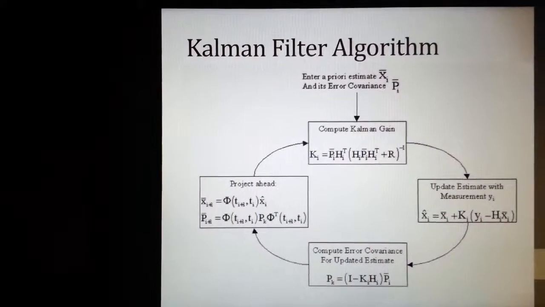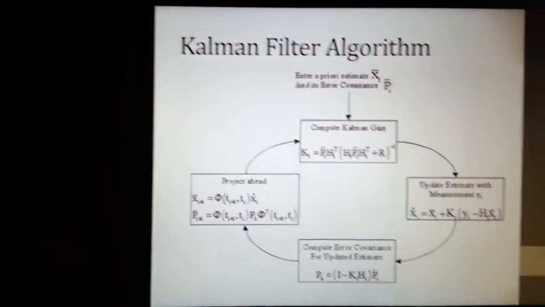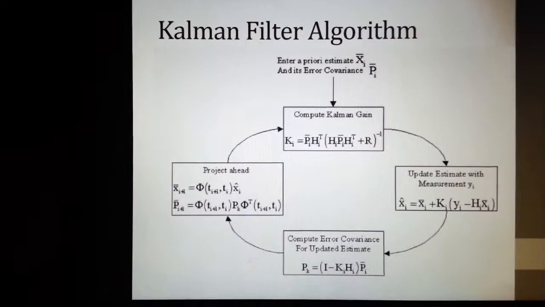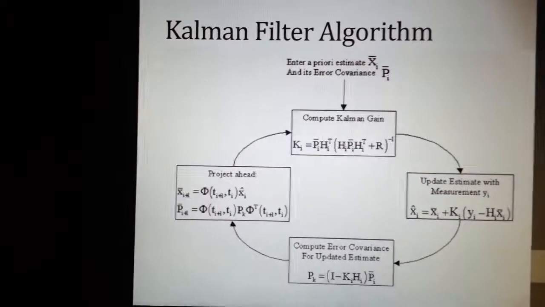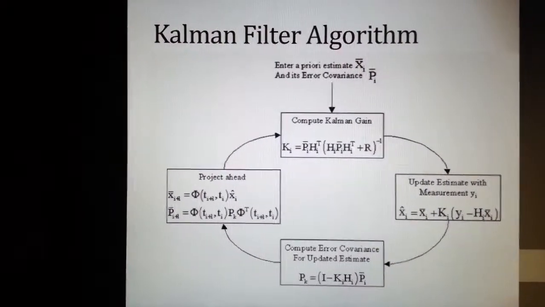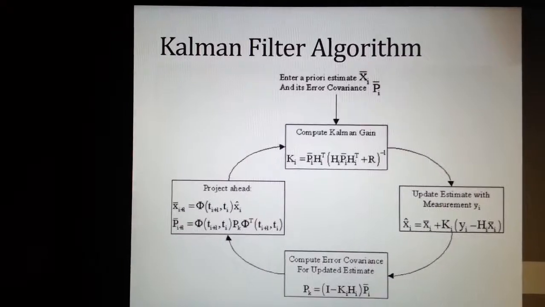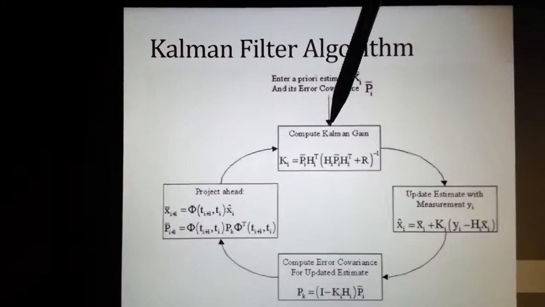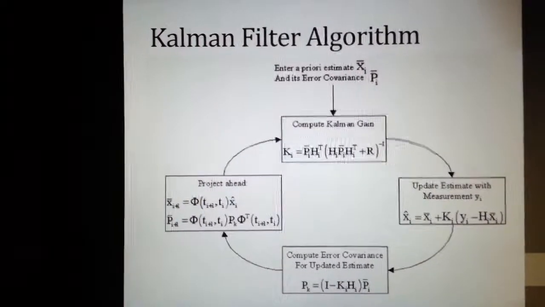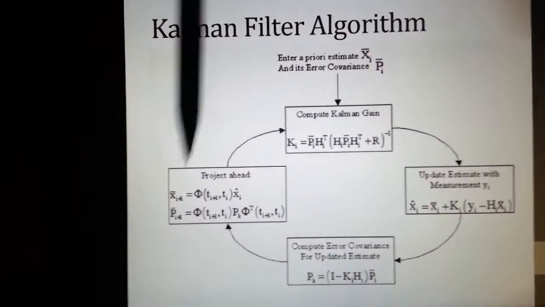As you can see, the Kalman filter functions recursively on sequences of noisy input data to fabricate a statistically ideal approximation of the essential system state by computing the Kalman gain here, updating the estimates with previous data here, computing the error covariance here, then projecting the new path here.